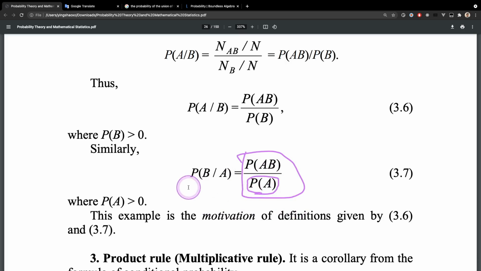And each time, we'll get a different expression in here. But one thing is the same, which is the probability of A intersect B. This is a constant, so we could use it as an entry point to transfer some expressions.